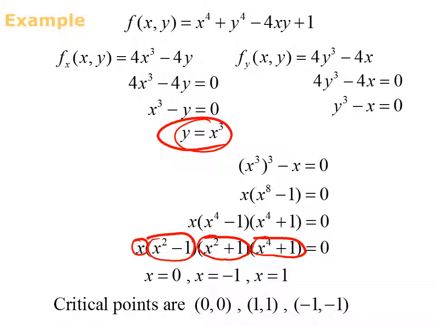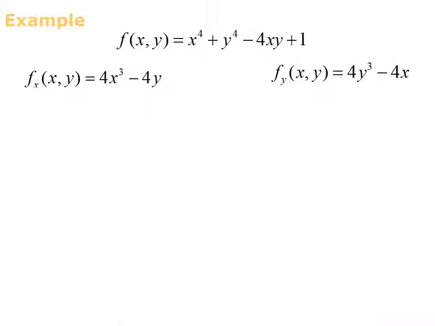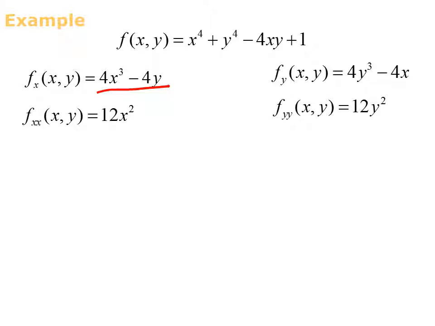Let's see how we use the second derivative test on those. We need to do the second partial of x and the second partial of y, and then the mixed partials. Now you can either do the derivative of this with respect to y, or the derivative of this with respect to x.